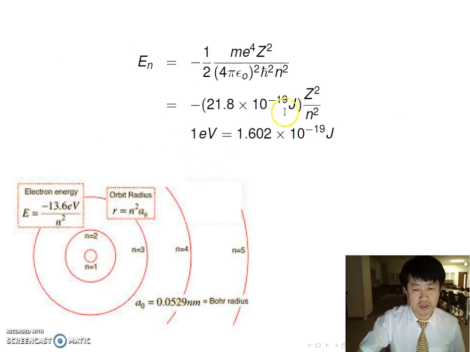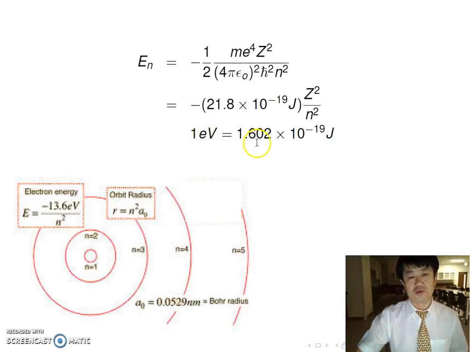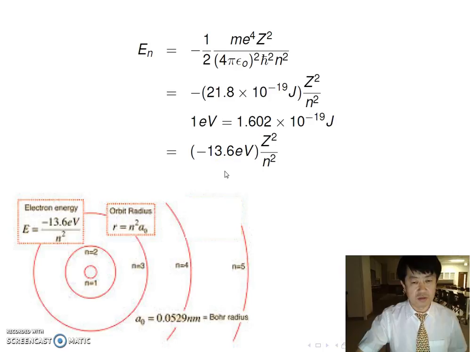This joule is a very large unit, so we want to use a smaller unit, which is the electron volt. 1 electron volt is 1.602 times 10 to the power negative 19 joule. Using that, we have the energy expression negative 13.6 electron volt times Z square over n square.